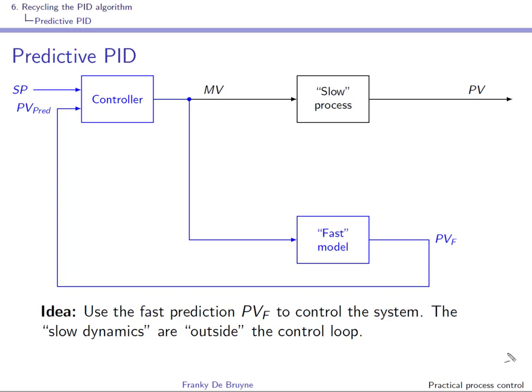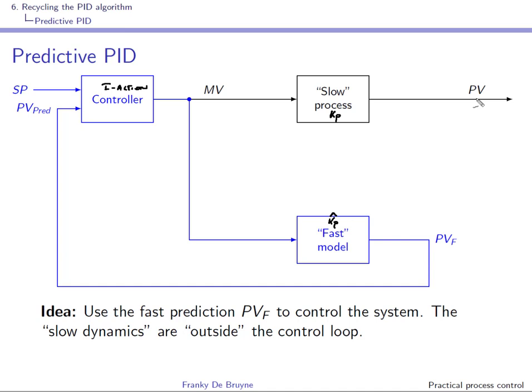Well, again, this is a good idea, but there are two aspects that we haven't taken into account. Assume that this process has gain Kp and that here the gain is Kp hat, right? Well, this controller, if it has integral action, will make sure that PV fast goes to set point, but since the gains are different here, the actual PV will not go to set point.